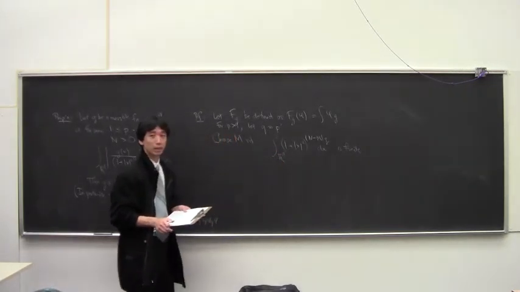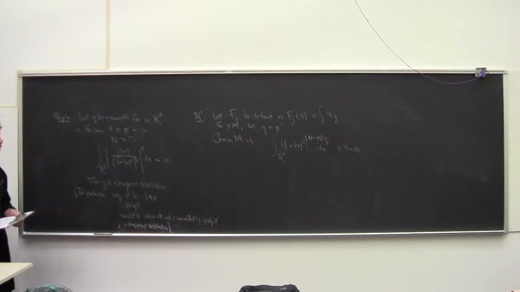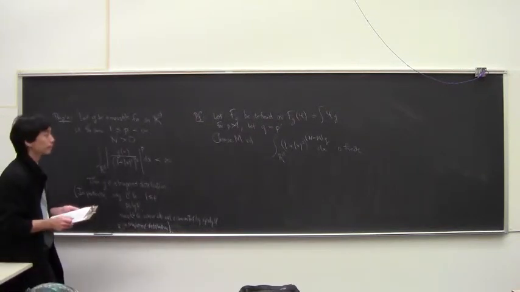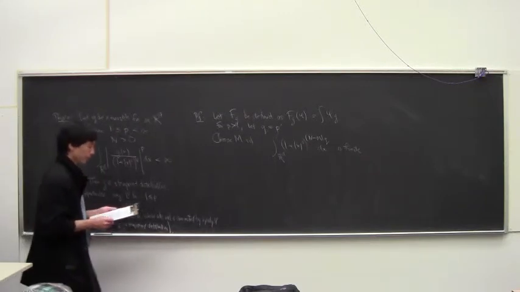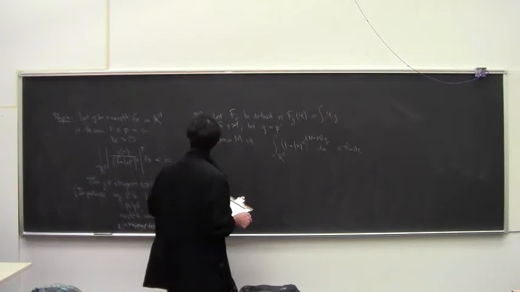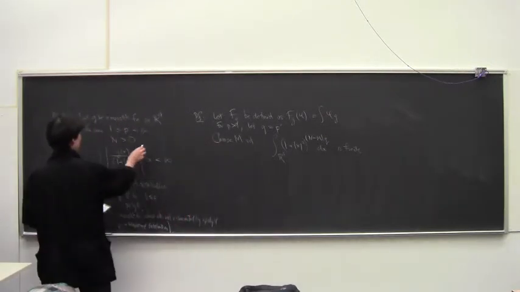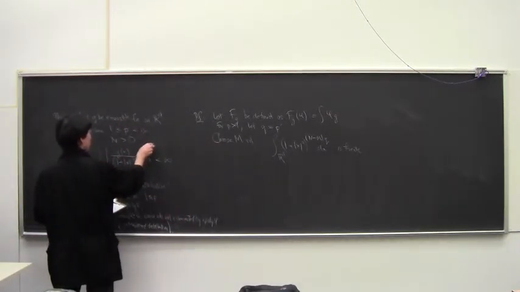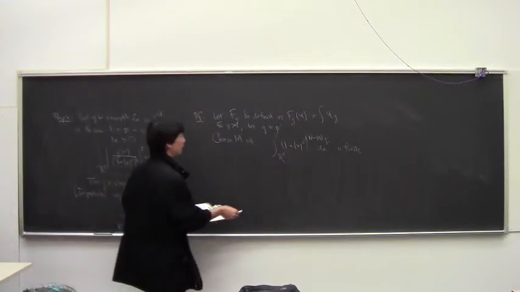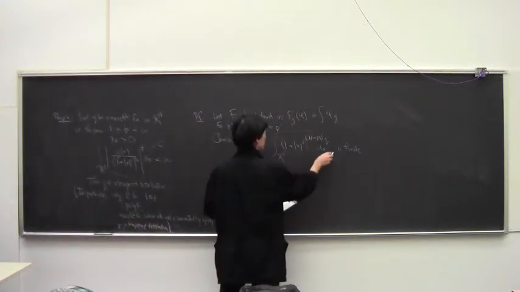So choose some gigantic m, as large as necessary, and we'll call this C, and then call this quantity B.